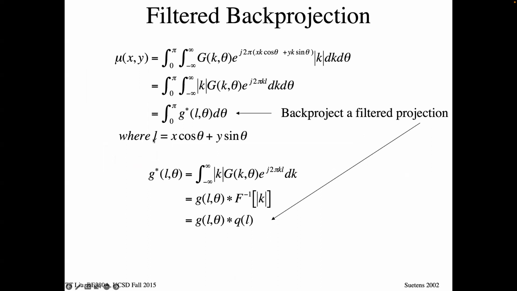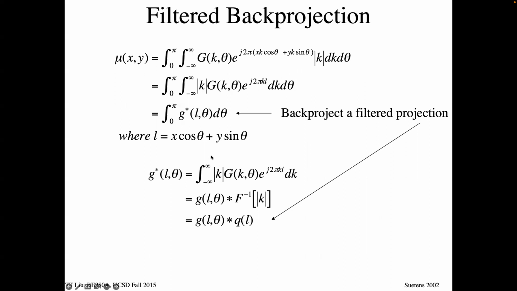We're going to define l as x cos theta + y sine theta. It's the theta dependence of this thing up here. And so this becomes e to the j2 pi k l dk d theta with my k still here from the Jacobian.